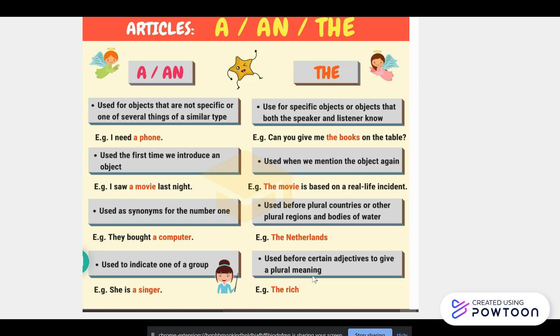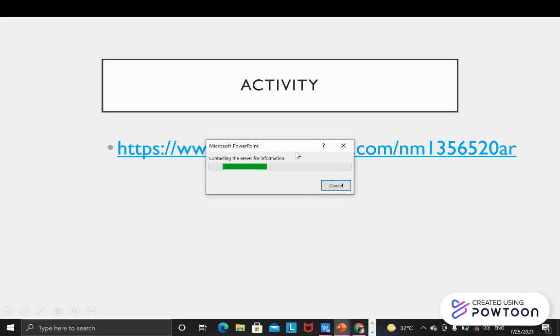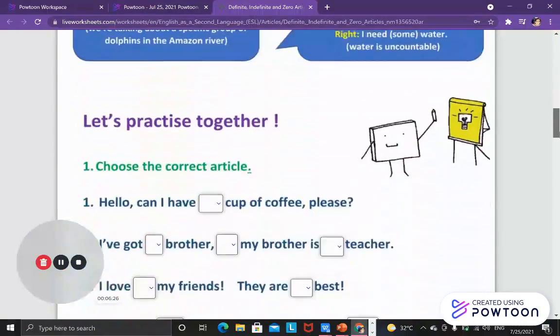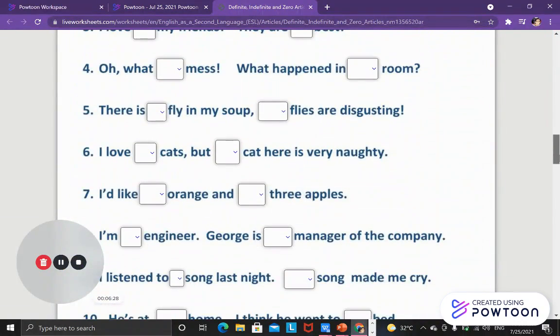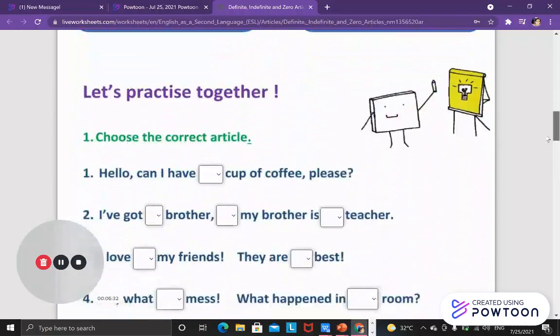Here we have a live worksheet. You will be doing this live worksheet to further understand articles. I will be sharing it in your Telegram group. You will answer this live worksheet and share the scores during the lesson in the Telegram group.